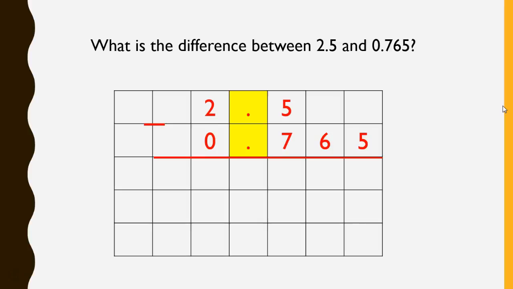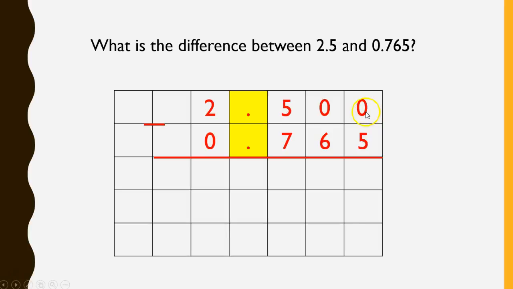It looks kind of funny because there's just blanks above these numbers. So what you want to do is fill in the blanks with some zeros. Those are just placeholders. Then it looks a little bit easier, doesn't it? And then you're just going to simply begin to subtract like you would any other number.